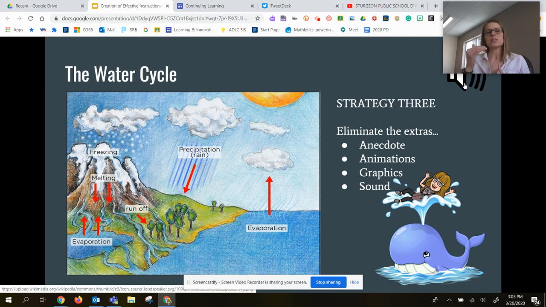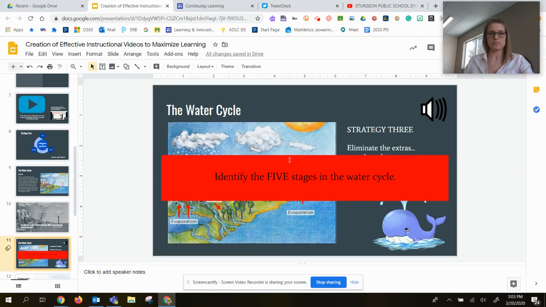And again, much like strategy number 2, these extras, these seductive details for our kiddos are distracting from the content. So despite the fact that it might be aesthetically pleasing or interesting, the interest is actually going to the wrong thing.